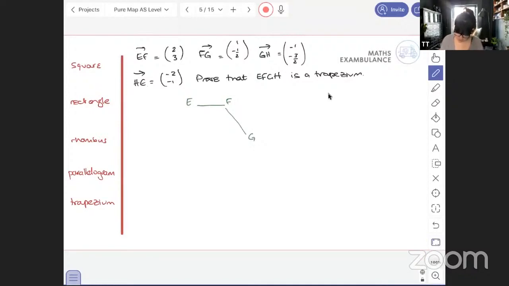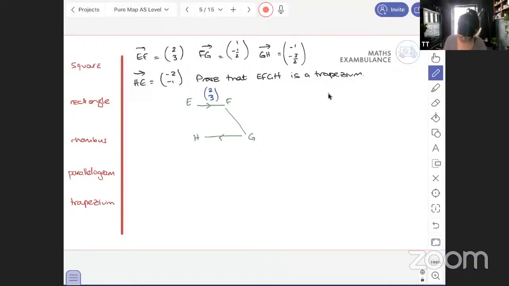And G to H. Well, let's just see if E to F and G to H are parallel or not. Because if not, it's going to be F to G and E to H that are parallel. So let's have a look. E to F is 2, 3.